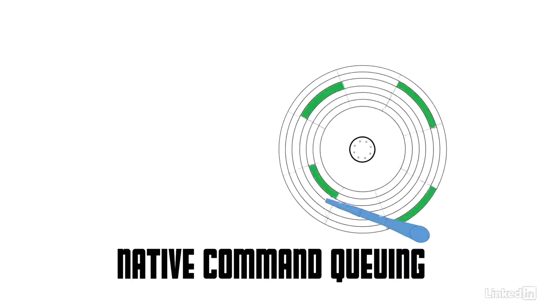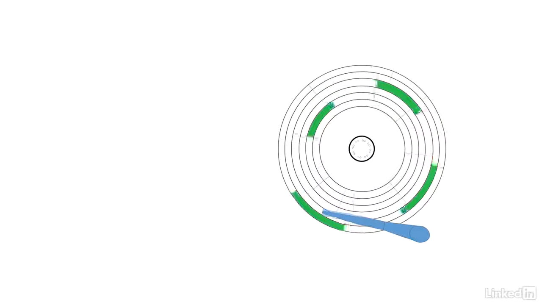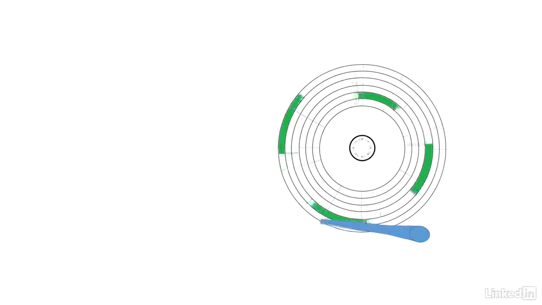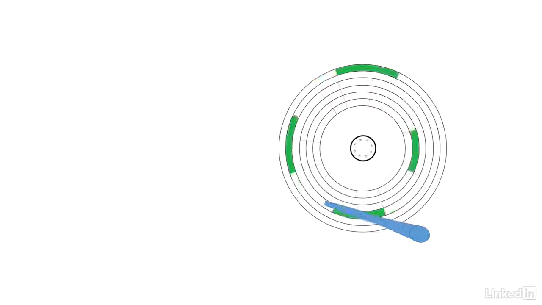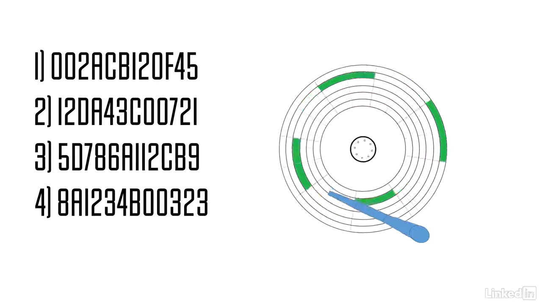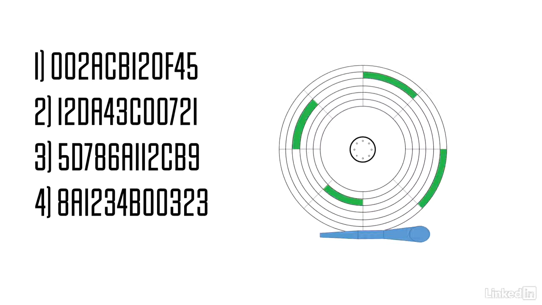Native command queuing kind of works like this. On a regular hard drive, you have a number of requests coming in for pieces of data. So in this example, we'll say we have 4 different sectors that are being requested. Now normally, these are asked in the order that the requests come in. So 1, 2, 3, 4.